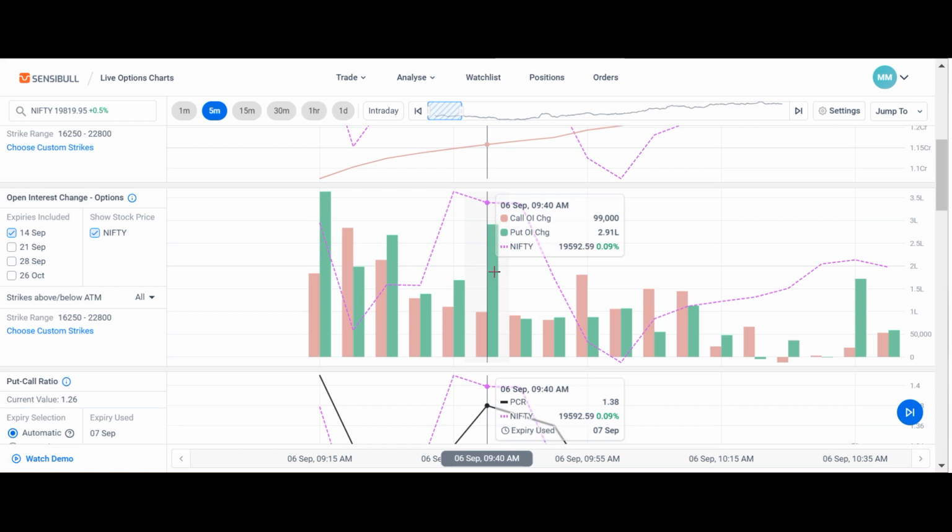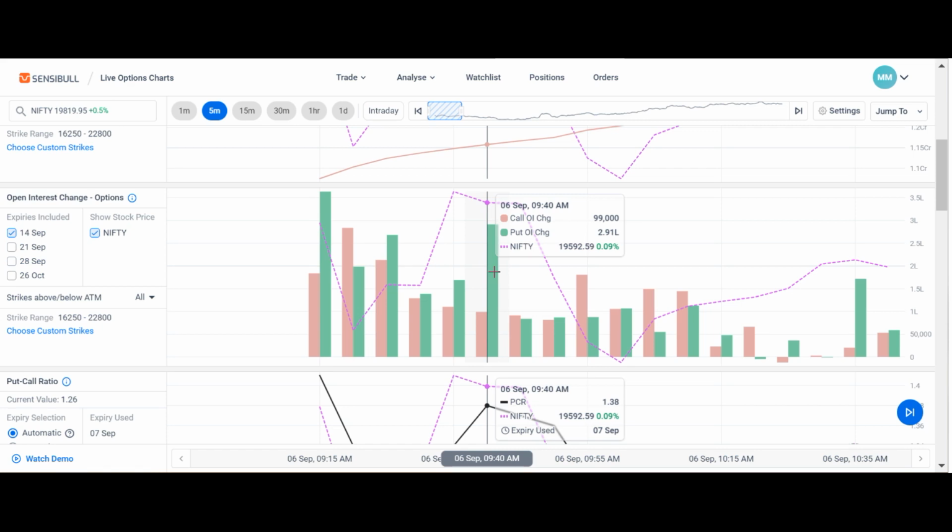Now why did I say on Friday that there is put buying happening? The reason is you need to understand what is happening with the price. This is the factor which most of us miss. We see the data, but we don't understand what is happening on the put price.